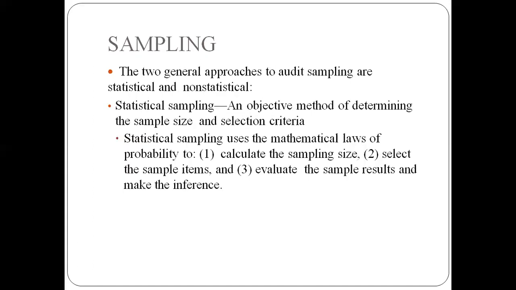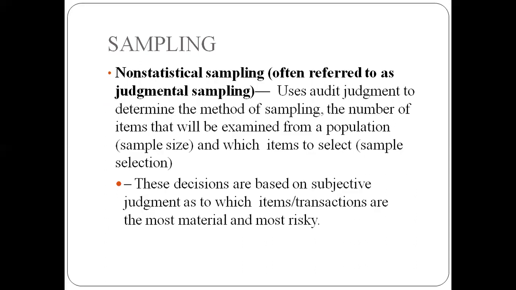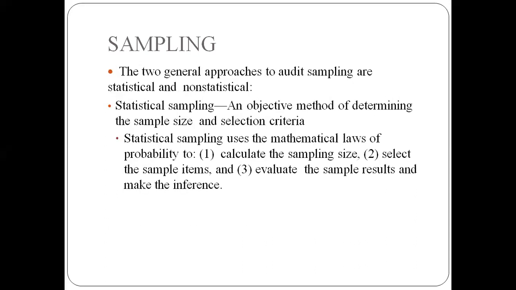So we have two general approaches to audit sampling. You have statistical sampling, and then you have judgmental sampling. Statistical sampling basically means we are using the laws of statistics, the laws of probability, to determine the sample size, the sample selection criteria, and the rest, which introduces objectivity into the sampling process.